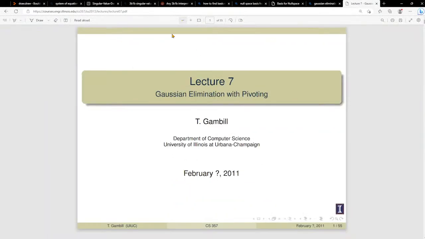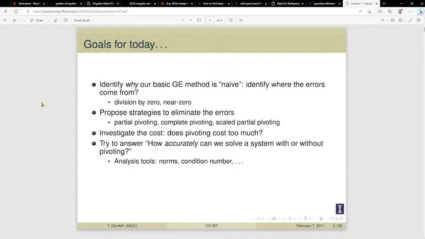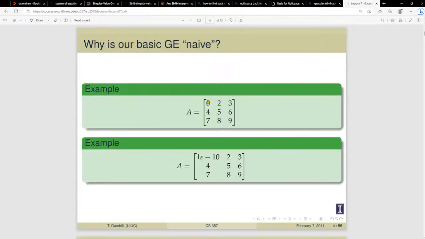Yes, exactly. This division by 0 or near 0. Yeah, so example. And another example here, maybe it's not 0, but maybe it's very close to 0.